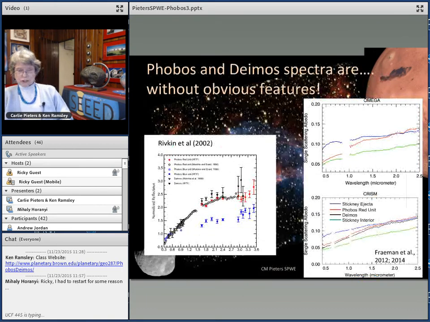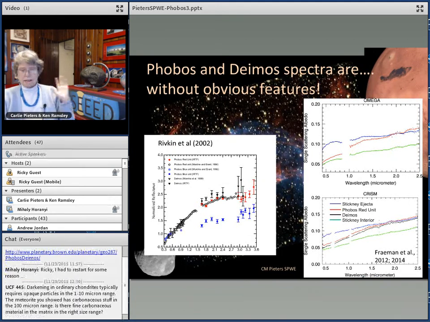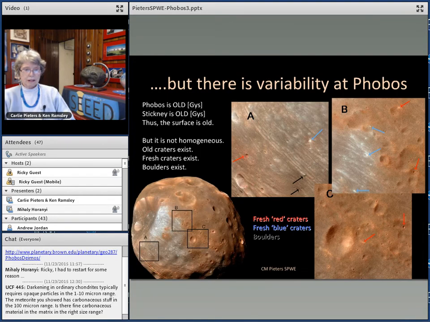We do know that the properties of Phobos and Deimos are regular. In addition to the telescopic data, Andy went through the more recent data from the spacecraft that are at Mars, and again we see the relatively featureless spectra that dominate the overall character.